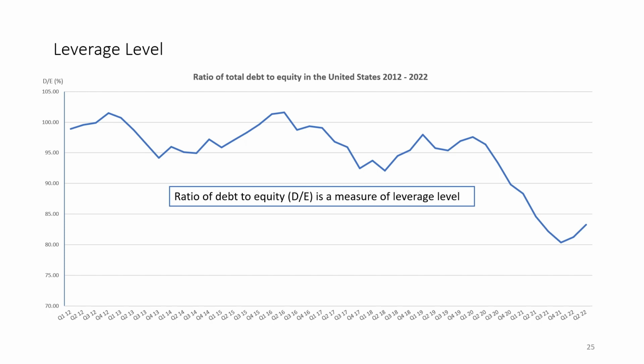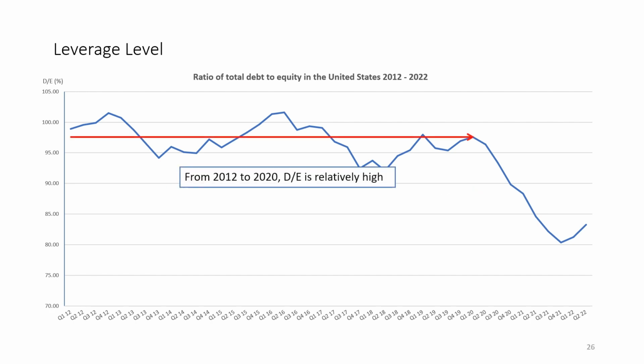Here is a graph of the average DE ratio in the US among the market. We can see that from 2012 to 2020, the average DE ratio lies between 90% and 100%, while this number in 2008, before the financial crisis, is just over 100%.